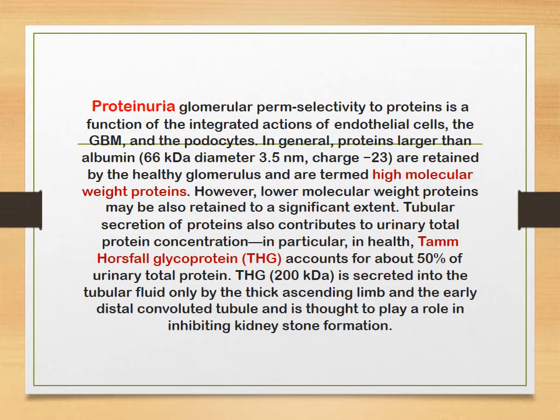The threshold for permeability of the glomeruli is that of albumin, 66 kilodalton, and the charge is also very important because, as mentioned before, the basement membrane is negatively charged and so repels those of the same charge.